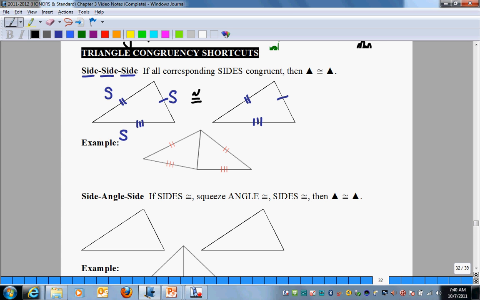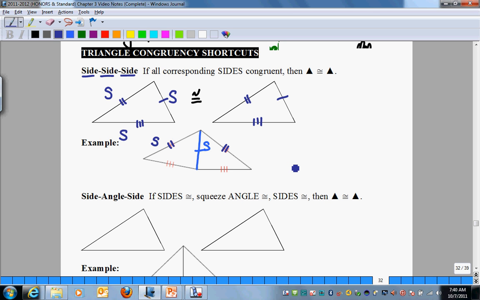An example is given here. Let's mark our freebie. Remember, we have a reflexive side. Go ahead and mark it. We have a pair of sides. Now I'd like you to retrace the given hatch marks. We have another pair of sides.